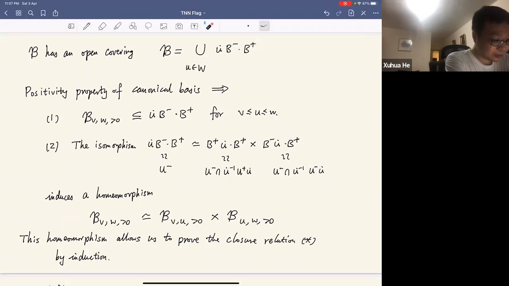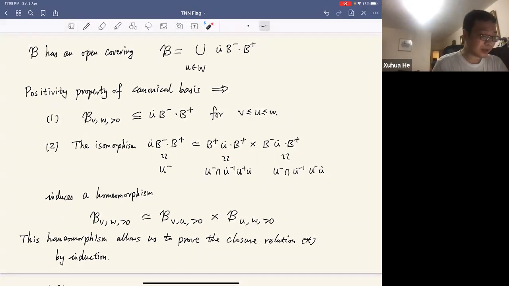So here the key point is that this homeomorphism comes from this isomorphism. In other words, if you let V and W vary, we can take the unions of several different cells on the left-hand side, and then we have the corresponding decomposition on the right-hand side.